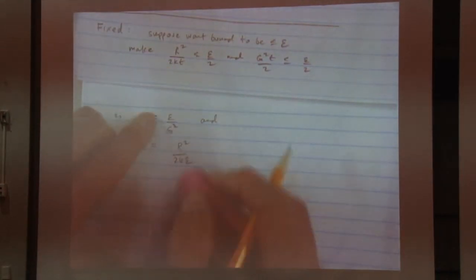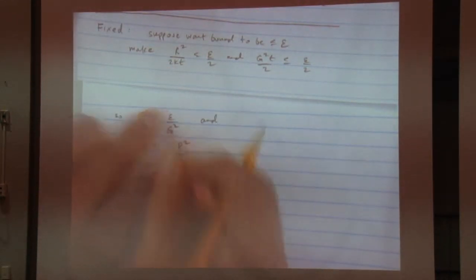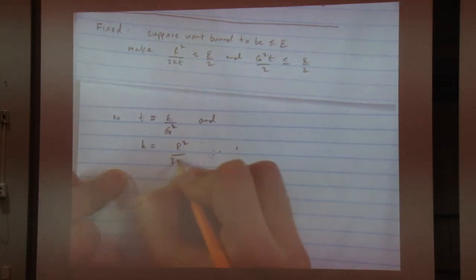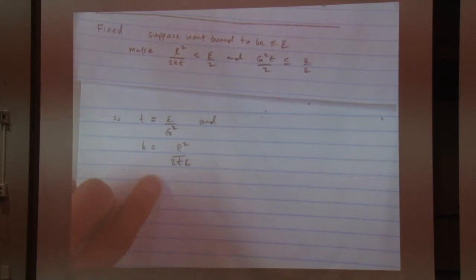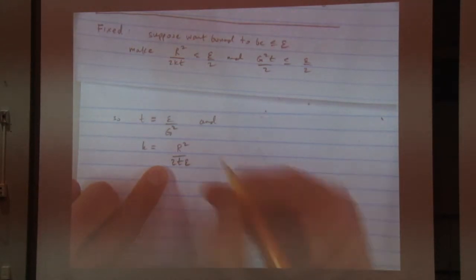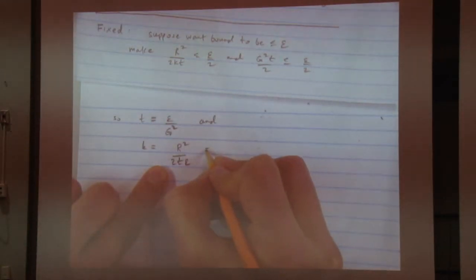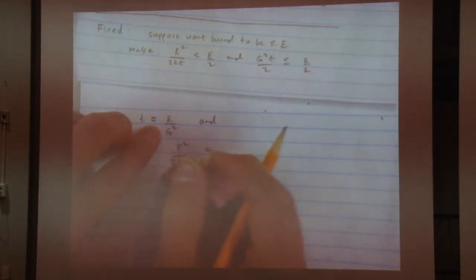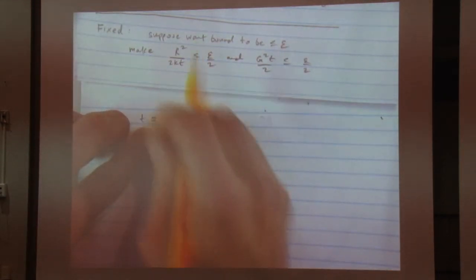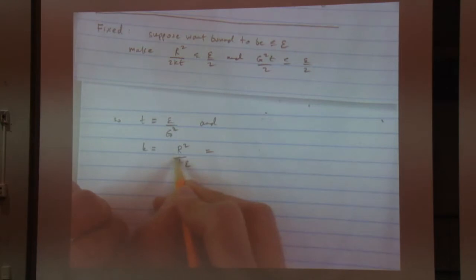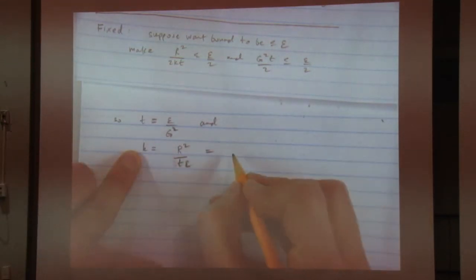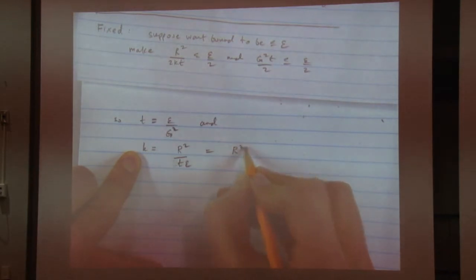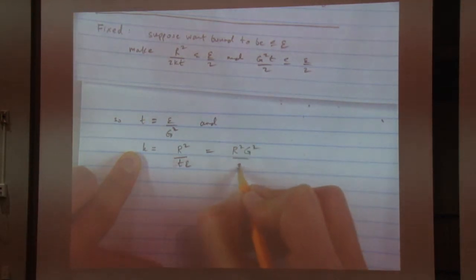That should be a t. It's just t times epsilon. There's no 2. The 2's canceled. Now let's plug in for t. That says k has to be r squared times g squared over epsilon squared.